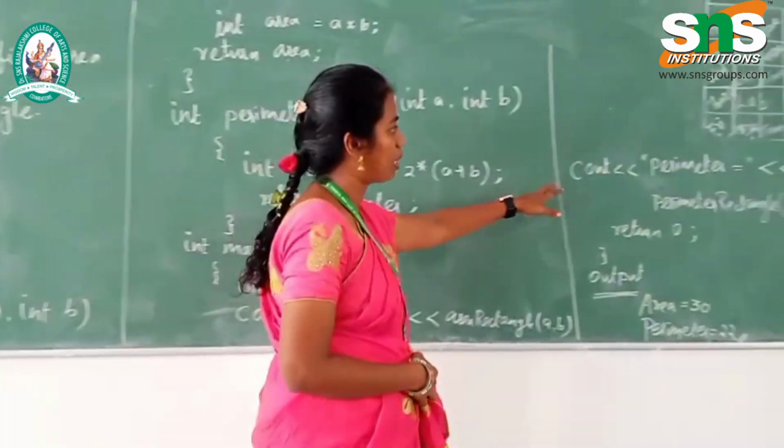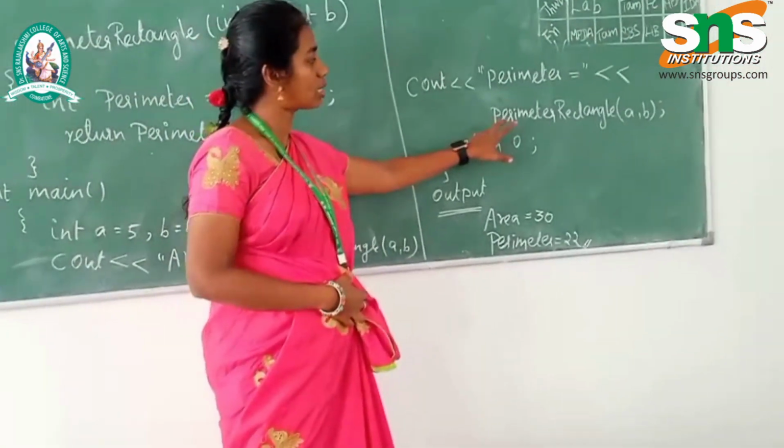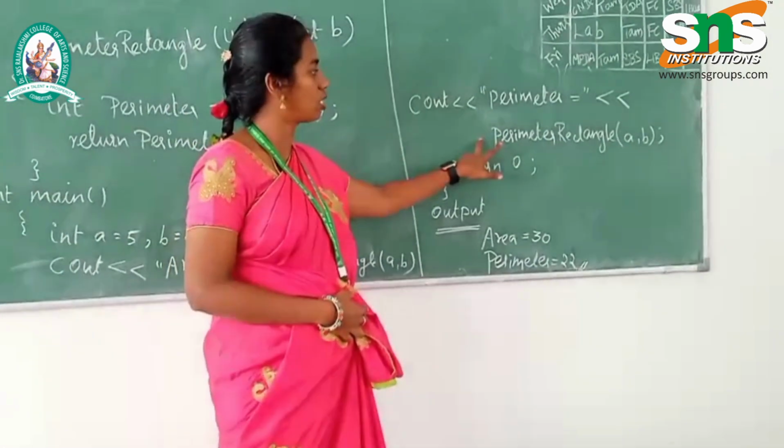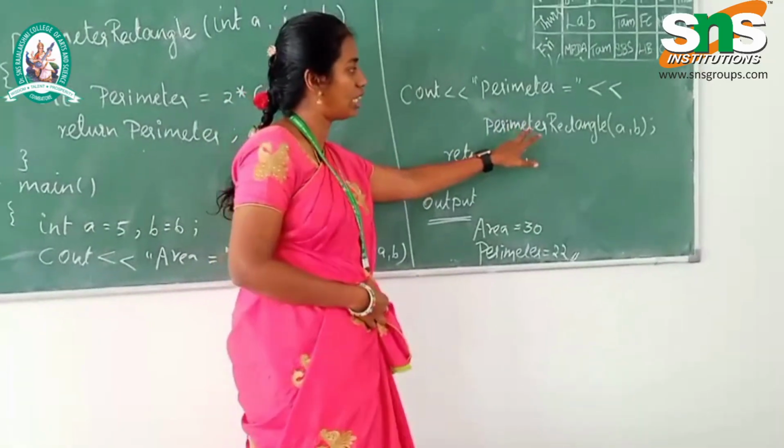In this statement, we are invoking the next function, called perimeter rectangle. The main purpose of this function is to calculate the perimeter of the rectangle.